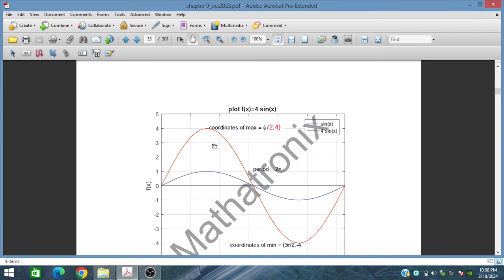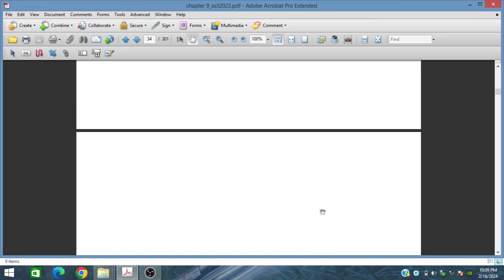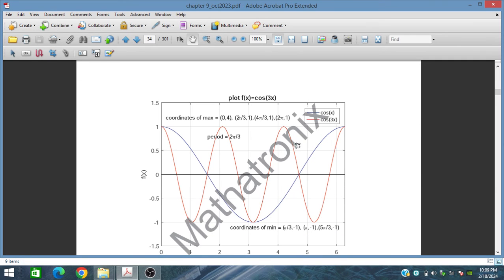At pi by 2, this value is 1 and 4. This is the highest magnitude, and at this point, this is the minimum value. This simple blue graph is the sine function, just for reference. Similarly, this is cosine 3x.